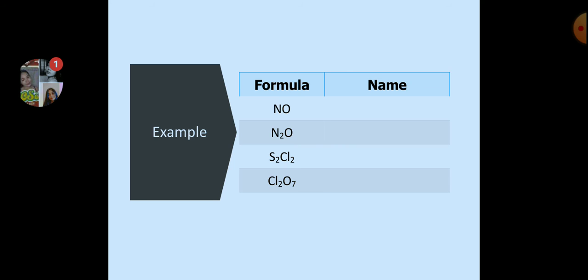So, it's actually nitrogen monoxide. The second one, N2O, also ends in monoxide, but the beginning will change since there are 2 nitrogen atoms. So, this is dinitrogen monoxide.